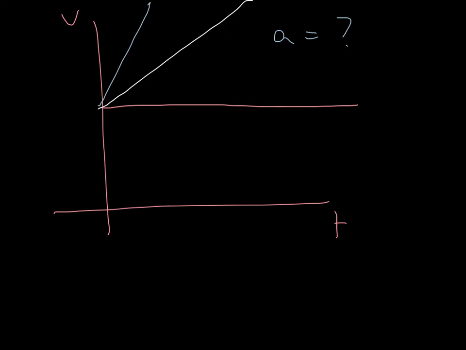So for example, let's just do a quick question. Let's see if you guys can figure this out. In your head, tell me, so this is speed, this is time. I have 3 lines. Line number 1, line number 2, and line number 3.